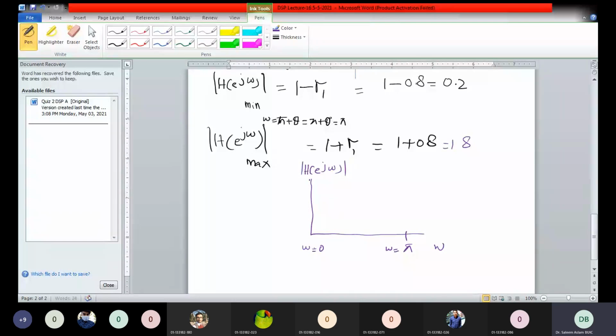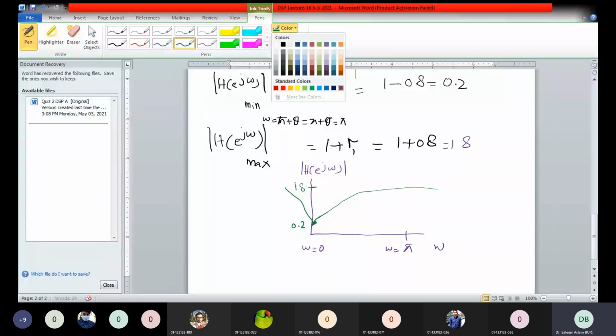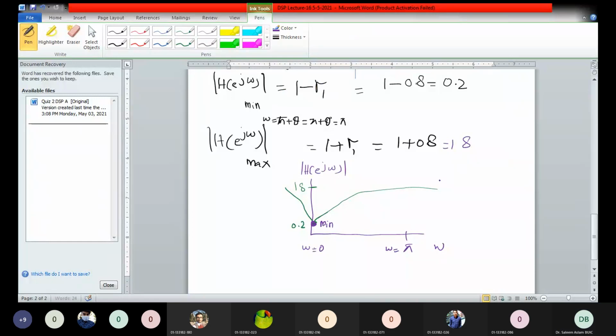And we have a minimum value of 0.2, so we just go at the minimum value of 0.2, and at point pi its value would be 1.8. So this is a min value. Let me use purple color because this is a min value and this point has a max value. Any confusion?